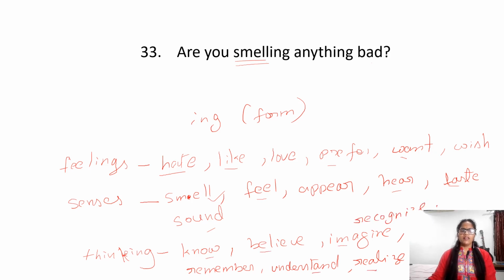Now here smell comes under names of senses. So smell has no ing form. Use of the ing form with the word smell is wrong. Right? So what should we need? We need just smell. When you are writing smell, we should not use be forms, is, am, are, was, or were. Now, here to make it a question, we should take the help of do. Do you smell anything bad is the correct answer.